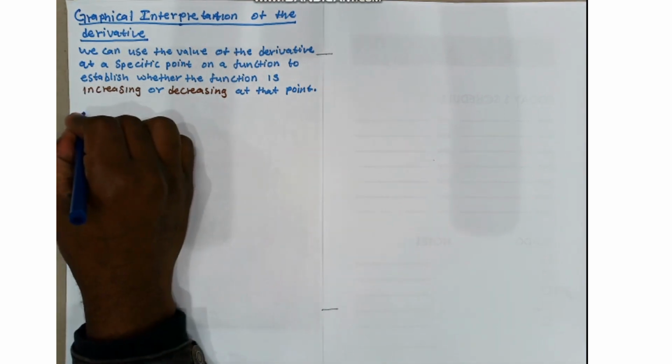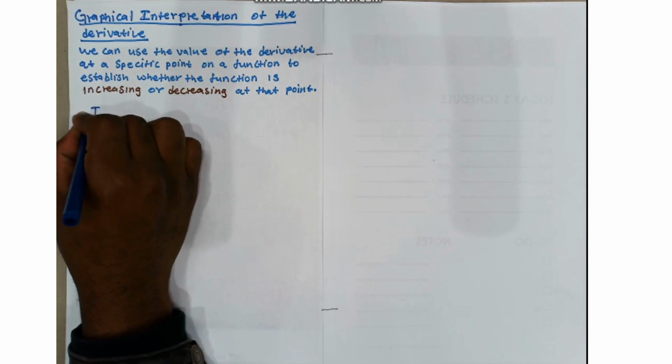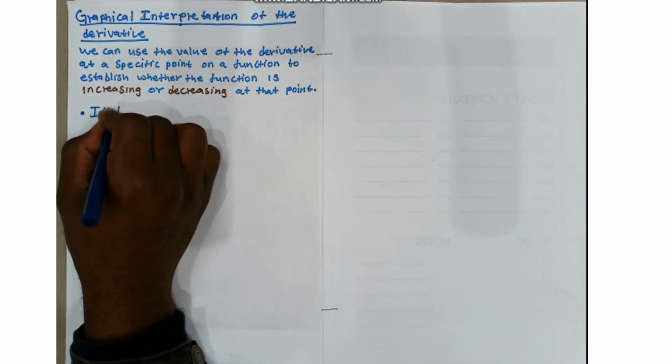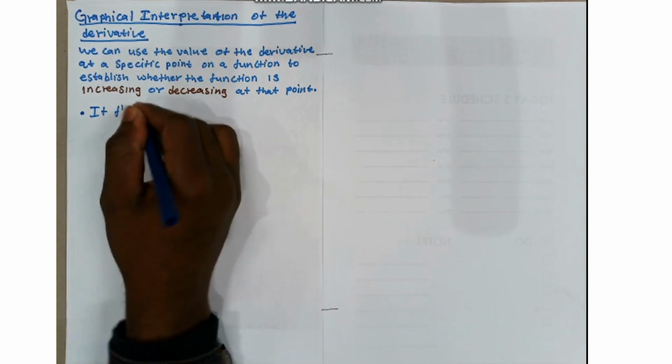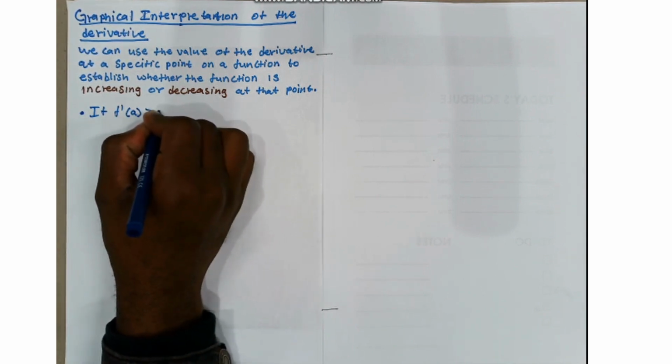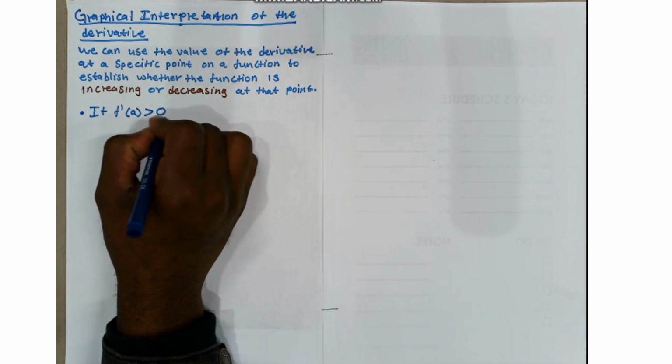We can use the value of a derivative at a specific point on a function to establish whether the function is increasing or decreasing at that point. Let's take the case where f prime of a is greater than 0. What does this mean?